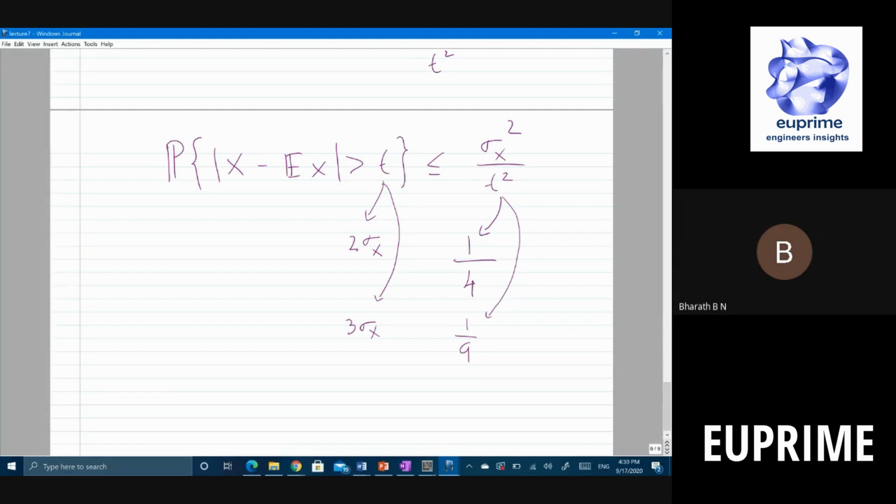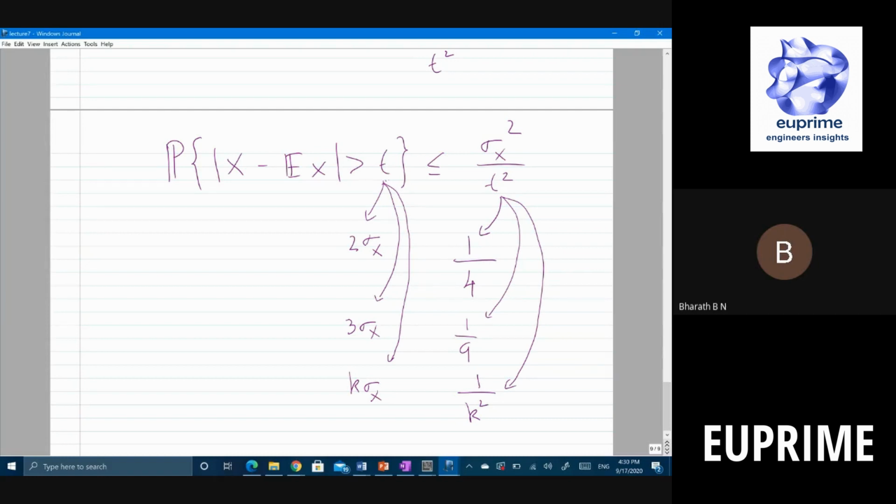So as you look at the chances of my sample deviating from the mean by an amount, let's say, k times the standard deviation, sigma x, this will vary as 1 by k squared.